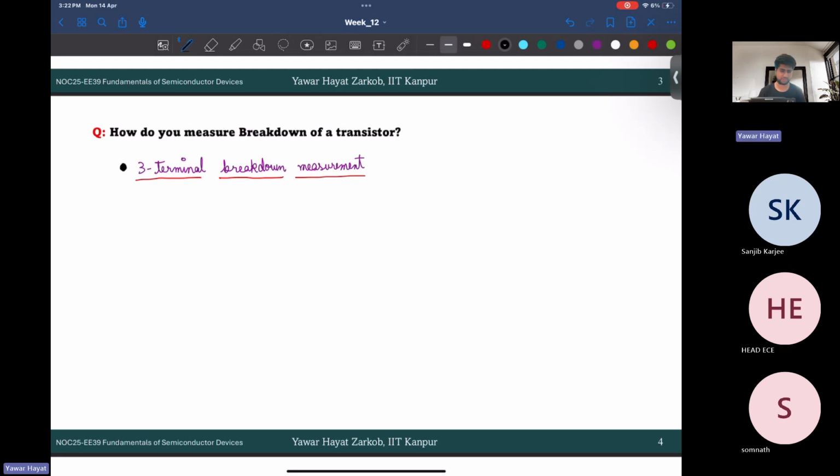What is the measurement process? You have the following structure. You have source, you have drain, 10 volts.